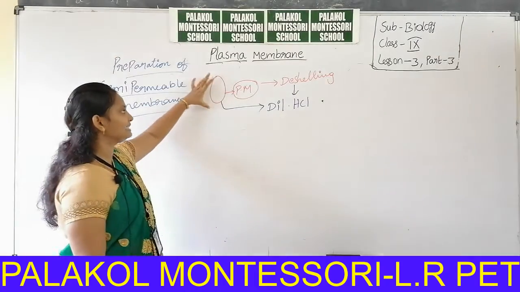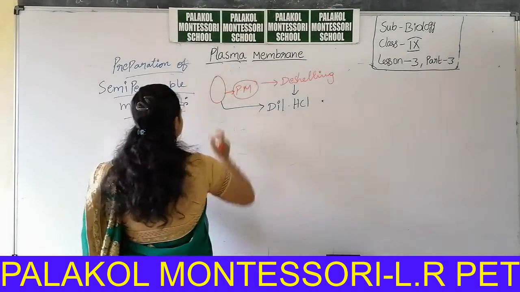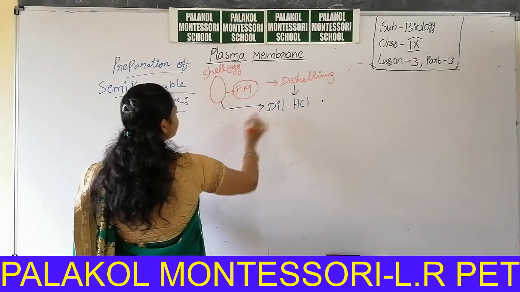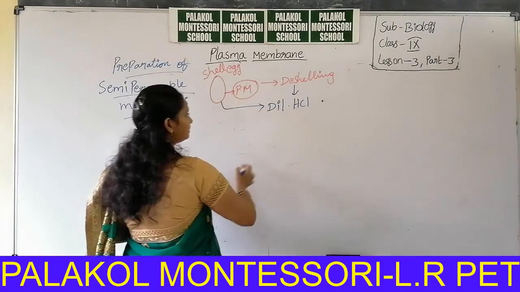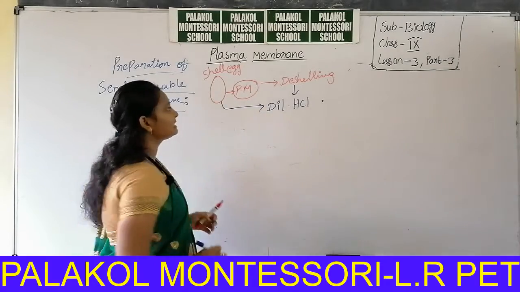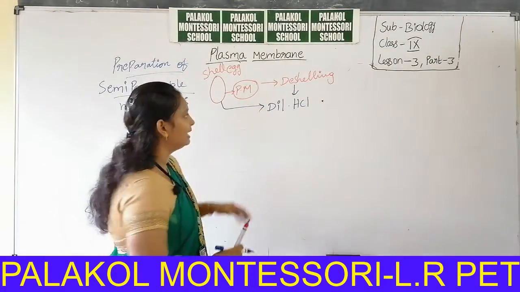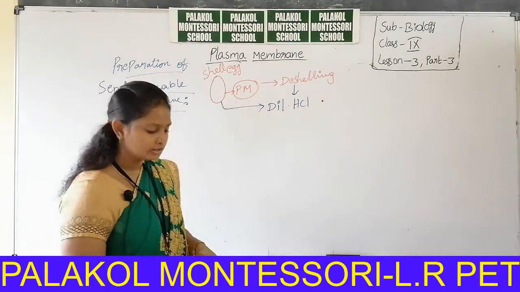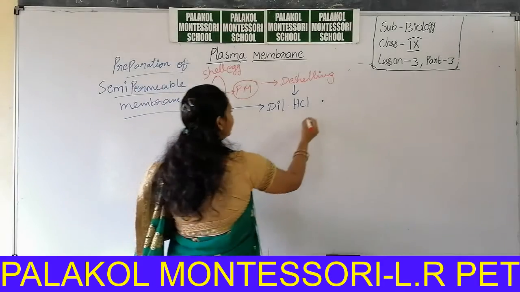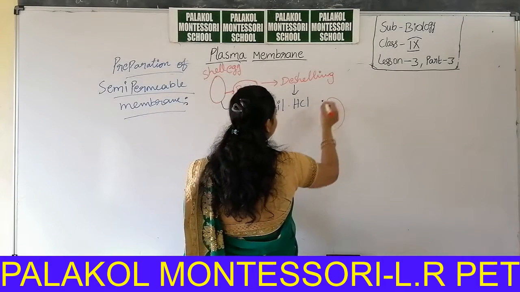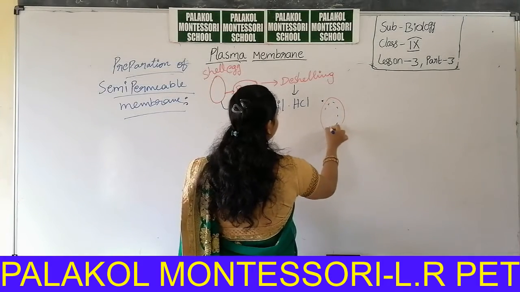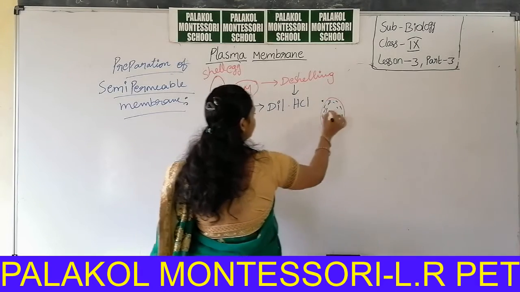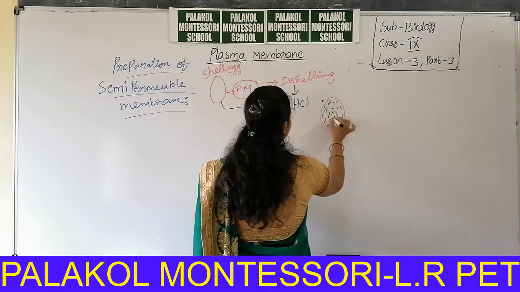So take an egg with its shell and keep it in dilute HCl. After some time, the eggshell is dissolved in dilute HCl. It will become a de-shelled egg. After de-shelling, the egg has white content on the inner side and yolk as the innermost content.